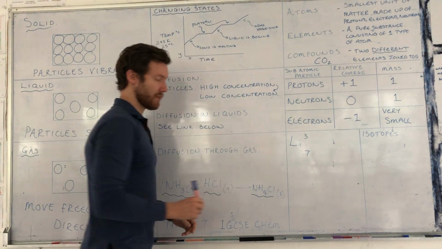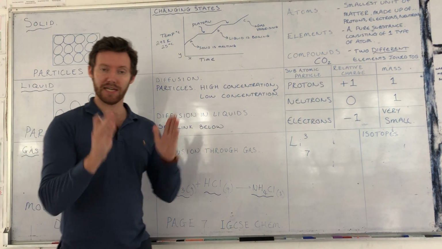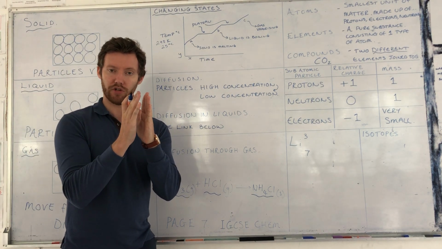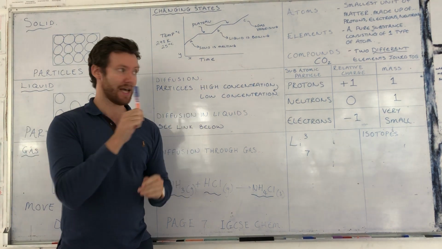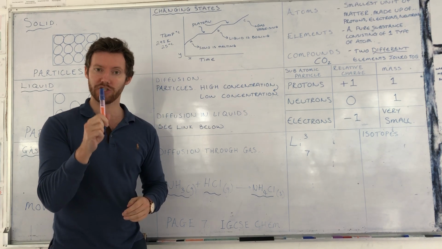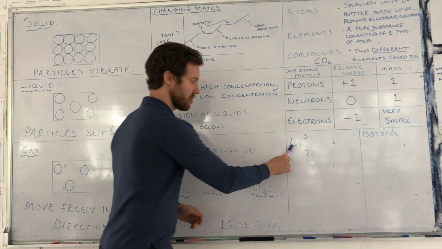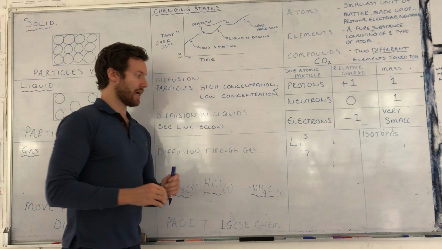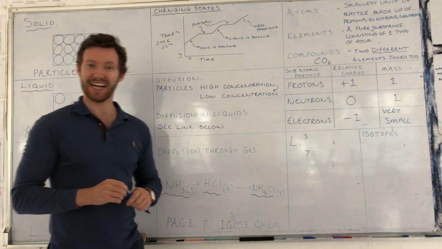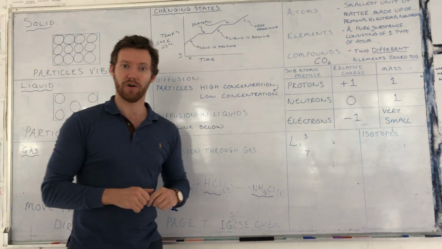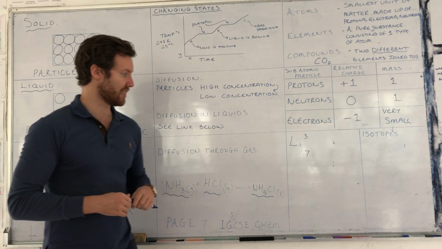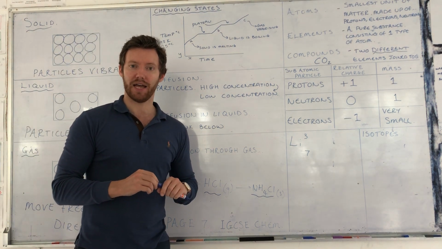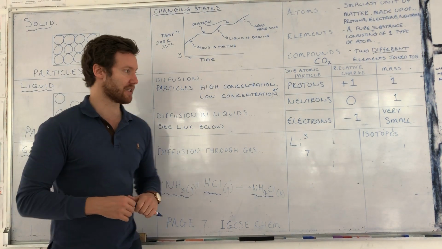Don't just presume that every element is just a shortened version of its full name. So lithium, L-I-T-H-I-U-M, shortened to Li. We have some variations here, potassium being K. Make sure you are aware of sodium, Na. So we're not always following this pattern.